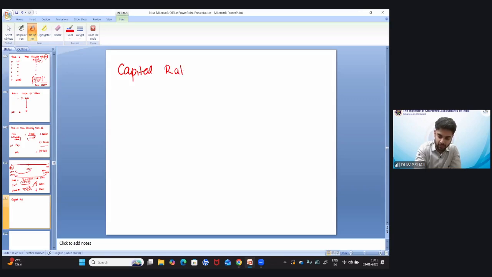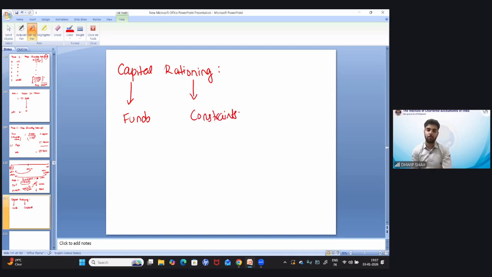capital rationing. Capital means funds and rationing means constraints. Okay.